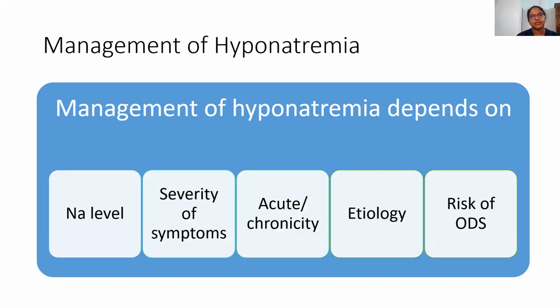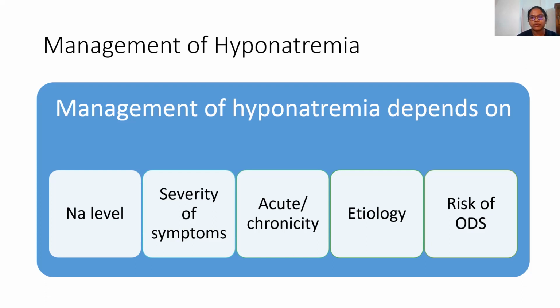Now coming to the management of hyponatremia. Management of hyponatremia is not just 3% saline or oral salt or intake restriction. You have to take several things into consideration when you're managing a hyponatremic patient. You have to know the patient's sodium level, whether it is mild, moderate, or severe.